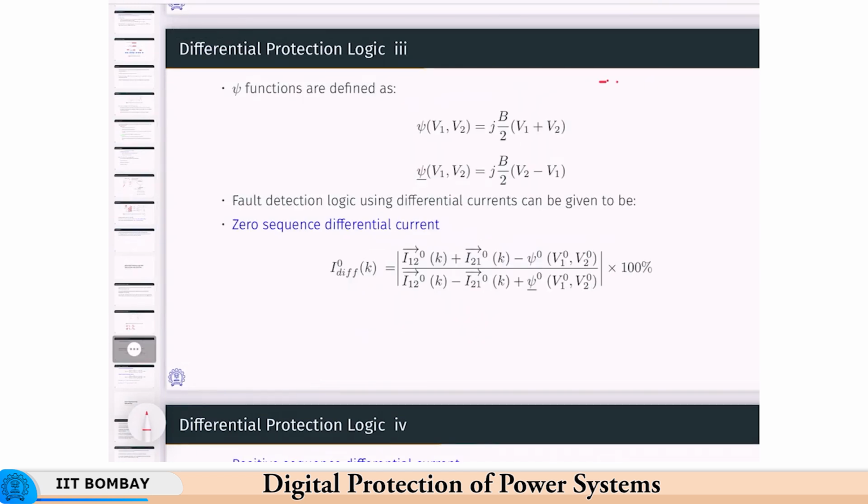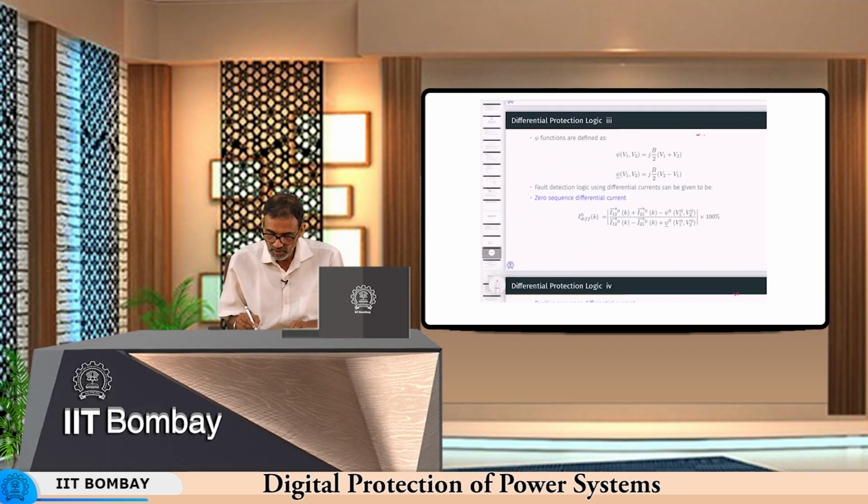Okay. So, here the psi function is defined to account for the charging currents. The psi function here is defined as jB by 2 into V1 plus V2, and psi bar is jB by 2 into V2 minus V1.